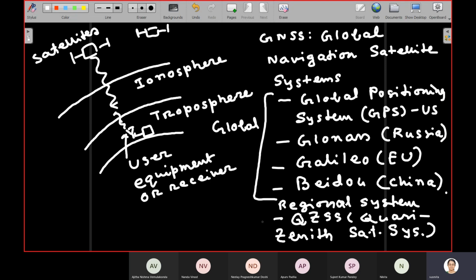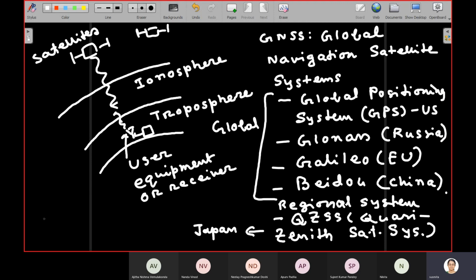So this is for Japan. QZSS is not an independent system. It basically uses GPS satellites and augments the GPS service with some additional satellites to improve accuracy. Okay, so QZSS satellites are used alongside GPS satellites.